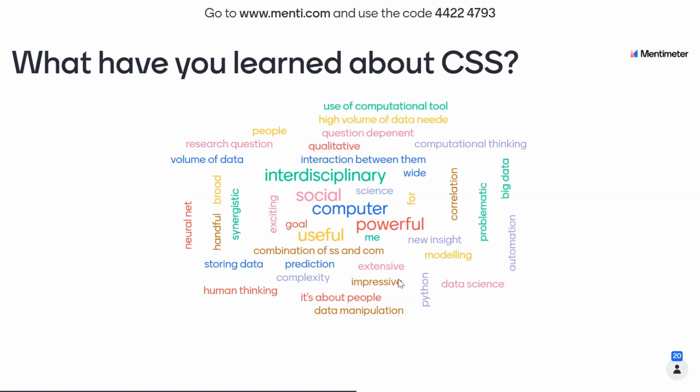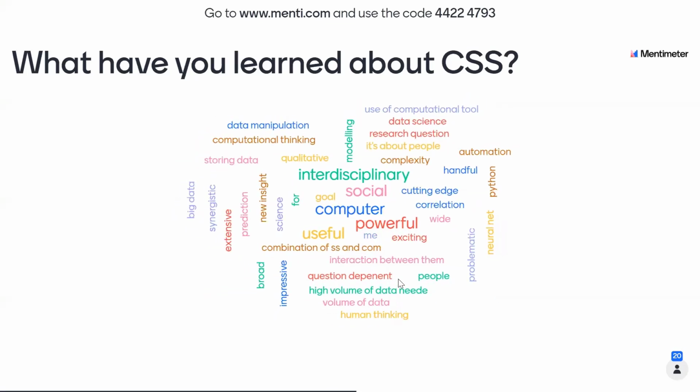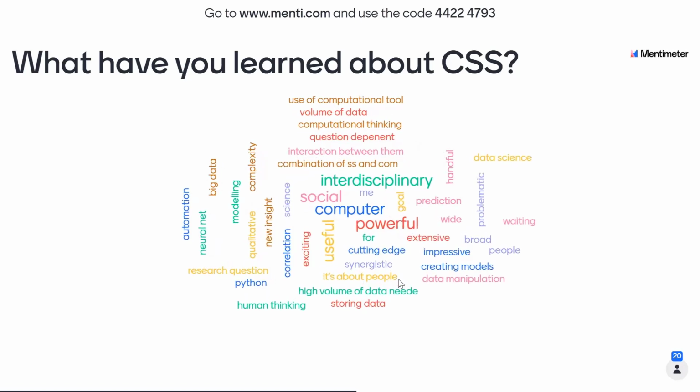So there are challenges. It is problematic. Absolutely. Volume of data, neural net, it's about people. It absolutely is. It really is about giving you new ways to do the kind of social science work that would not have been possible without. Okay, this is great. I'm really pleased with some of these responses. Thank you very much, everyone.